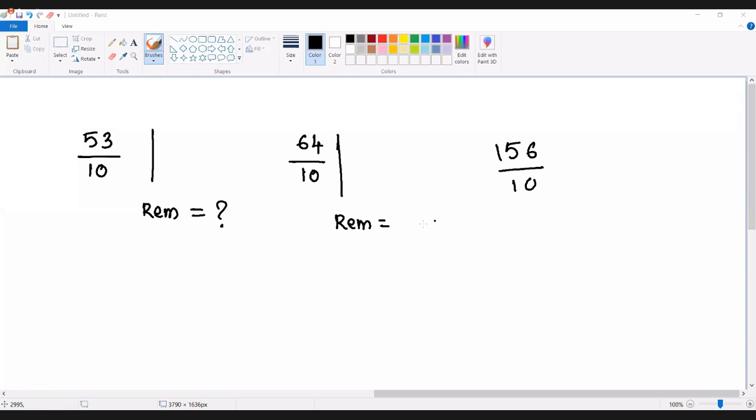Tell me, 64 by 10, remainder? It is going to be 4. 156 divided by 10, what is the remainder? The remainder is going to be 6. 159 is divided by 10, what's the remainder? The remainder is going to be 9.